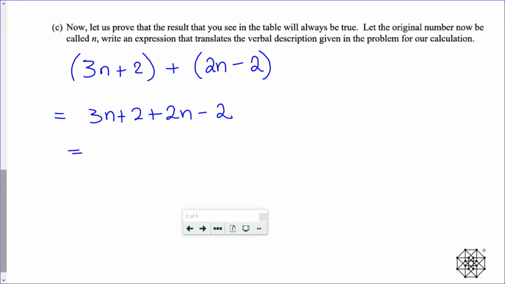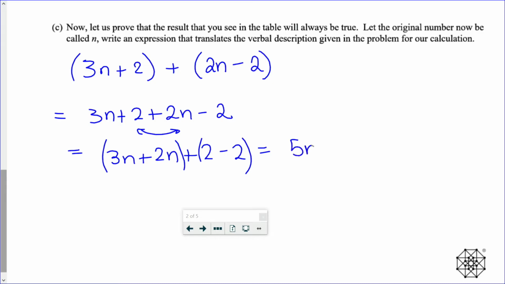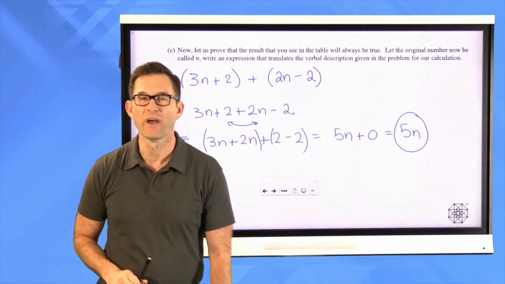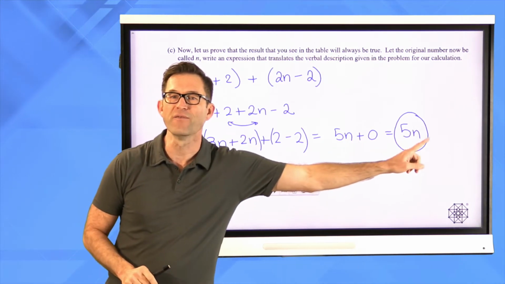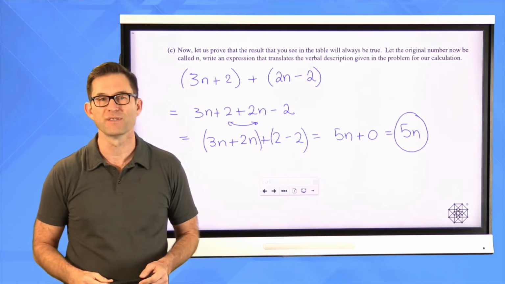I can flip-flop the order of this using the commutative property of addition: 3n plus 2n plus 2 minus 2. 3n plus 2n I can now combine, using the associative property of addition. 3n and 2n is 5n, 2 minus 2 is 0, and 0 added to anything doesn't change it. And there it is, right? If our original number was n, our result will always be 5n, which is 5 times the original number.